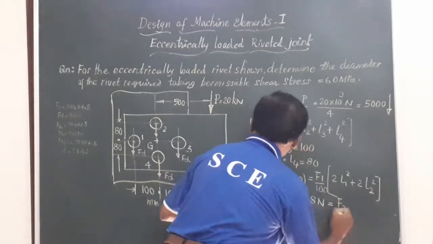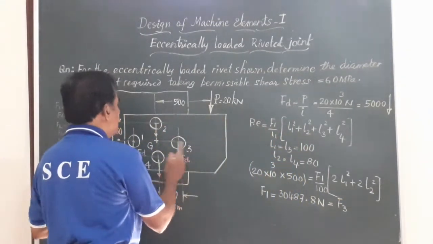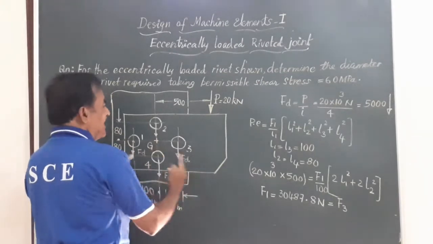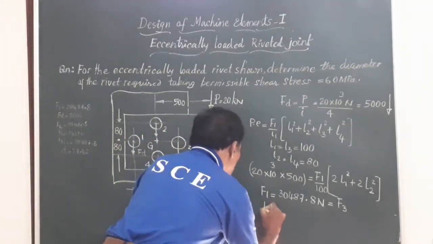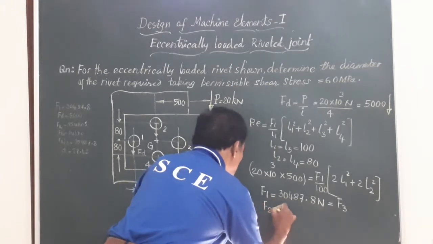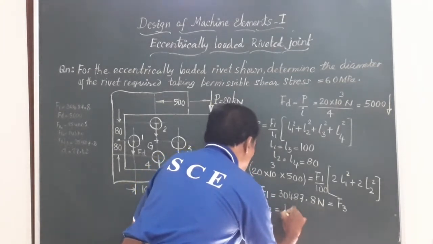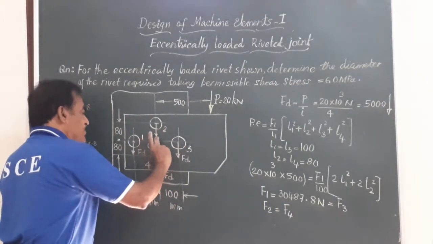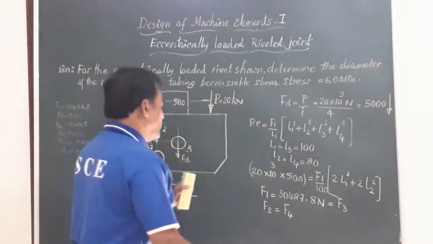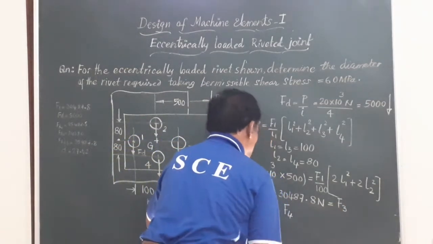Both rivet number 1 and rivet number 3 have the same distance from CG, and hence they will have the same value. Similarly, you can find out F2, which is equal to F4, because L2 is equal to L4, and we can obtain this value.